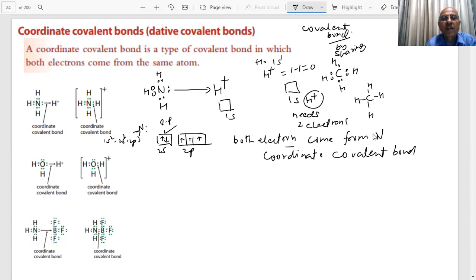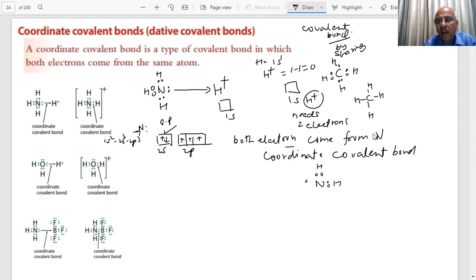When NH3 combines with H plus, what will be formed? Both the electrons are given by the nitrogen.